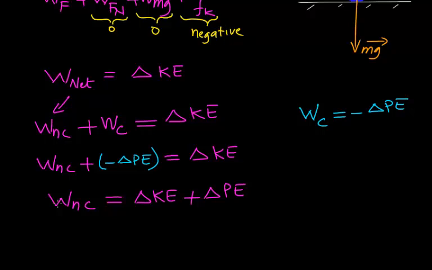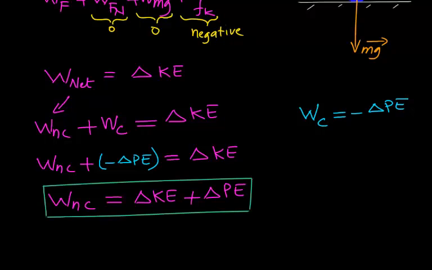For now, the only conservative force that we know of is the mg. All the others are non-conservative forces. You should never include the work done by mg under the work done by non-conservative forces. The mg, or the work done by mg, is already taken care of, and it is within the delta PE.